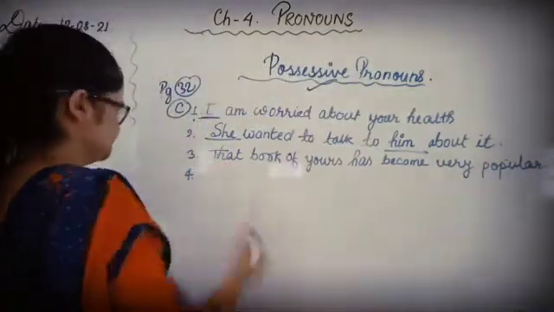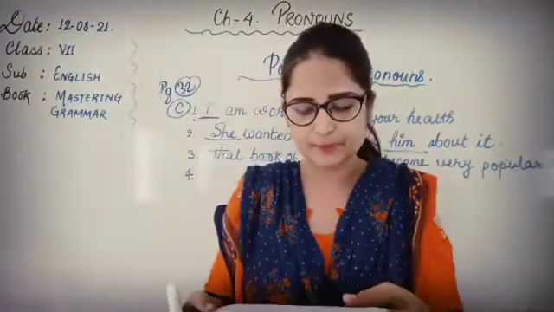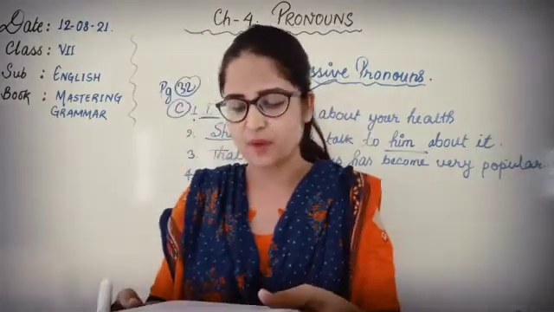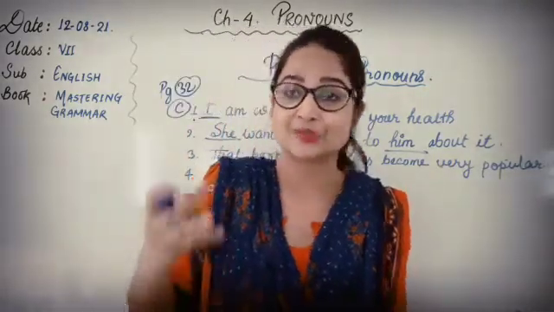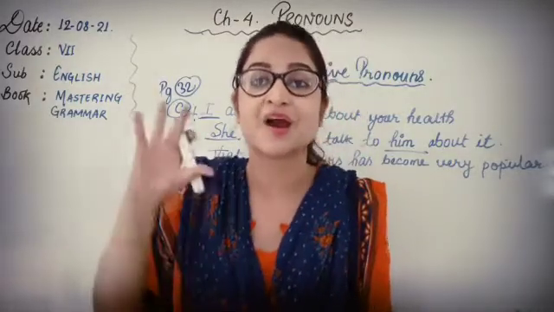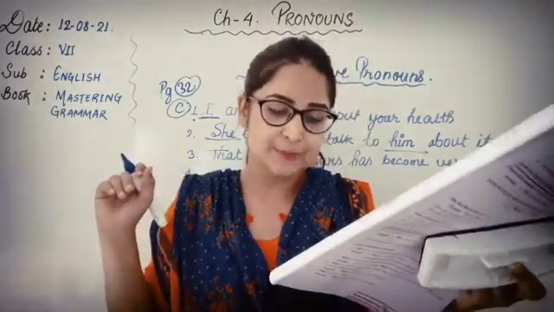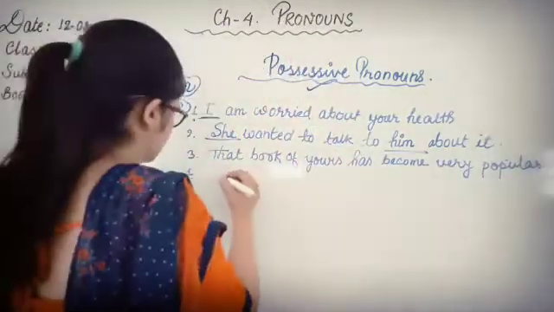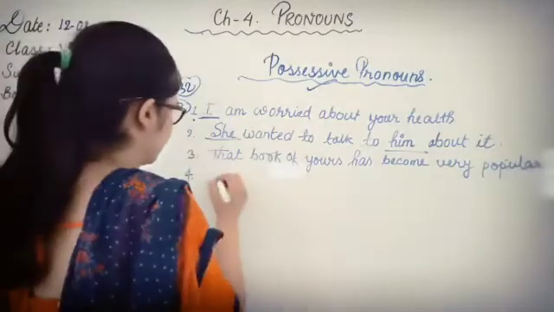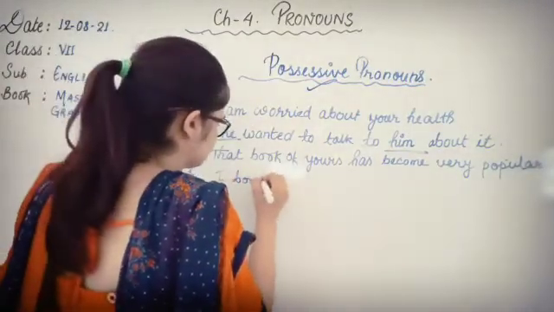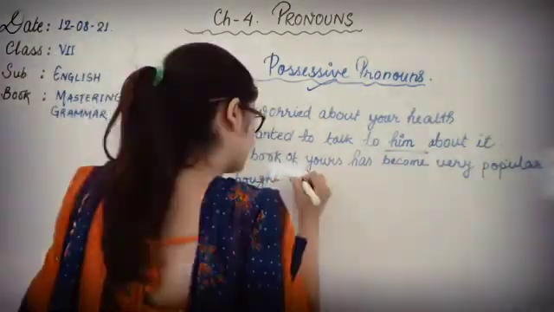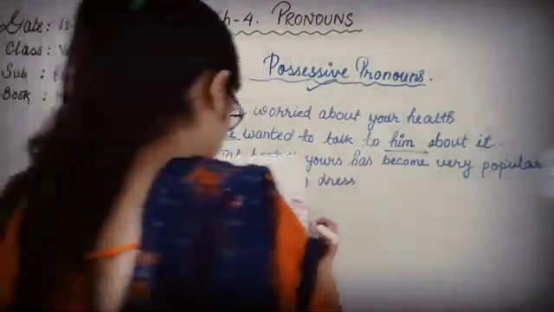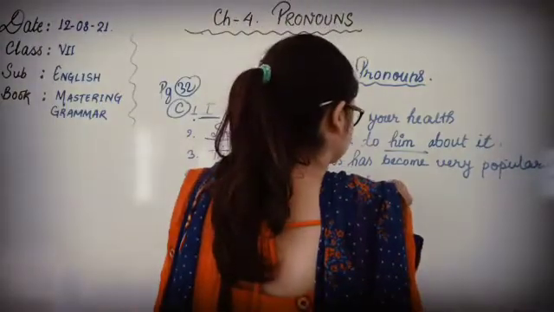Number 4. I bought my dress from a nearby store and she bought dash from elsewhere. So it's showing the possession of the dress. So it is going to be hers, right? She bought hers from elsewhere. So I bought my dress from the nearby store.